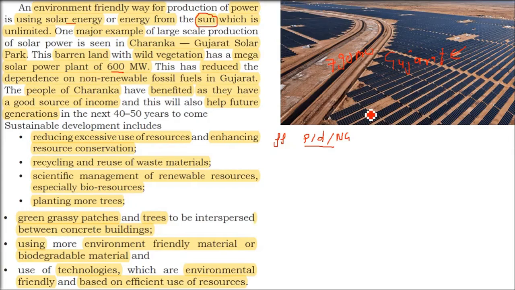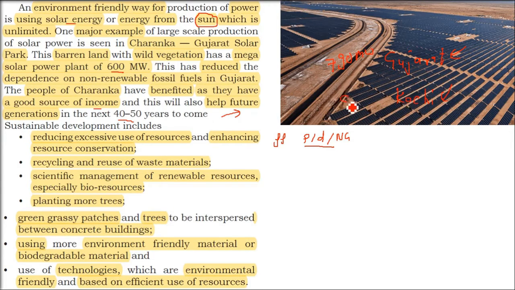What is the benefit? The people who are involved in this have got a very good source of income. Now they have a source of livelihood, and also we are helping our future generation. Though this place is quite huge and takes a lot of space, it is still worth it, because this is going to help us in the next 40-50 years.